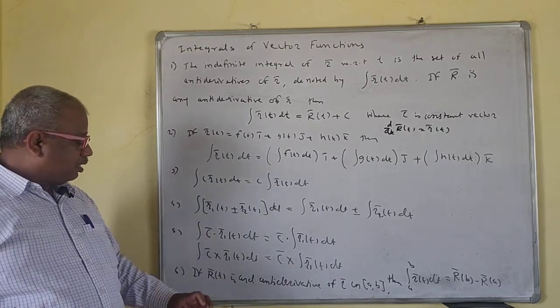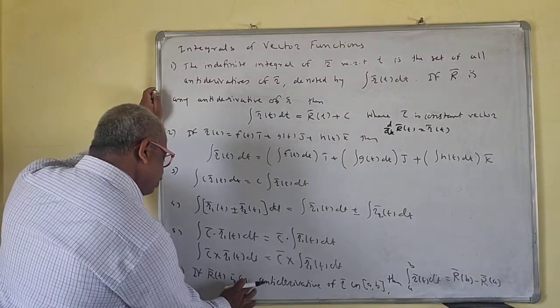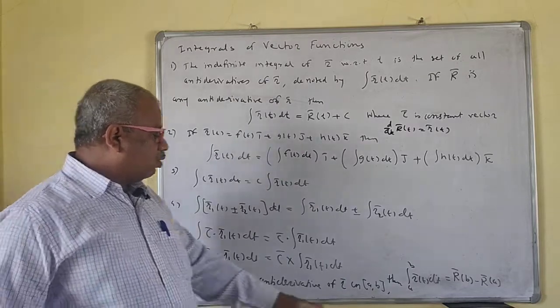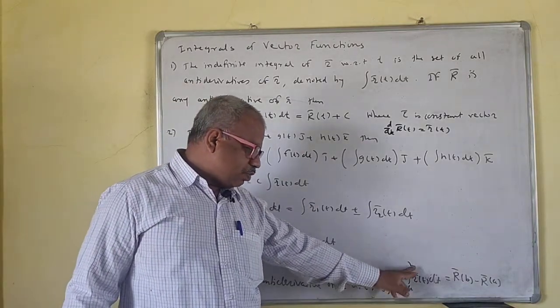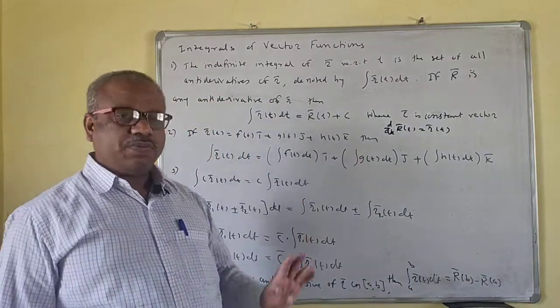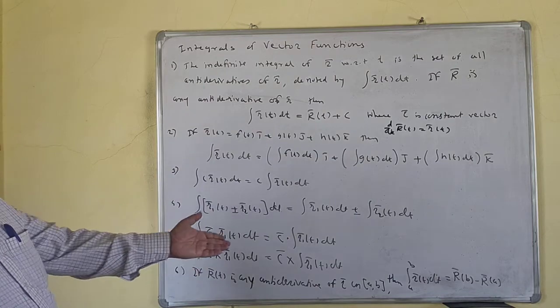If capital R bar of t is any antiderivative of small r bar on the closed interval a to b, then the integration from a to b of r bar of t is the same as R bar of b minus R bar of a. This is also known to you.